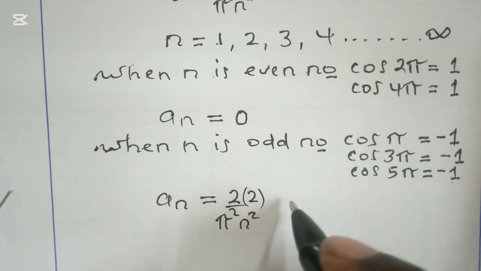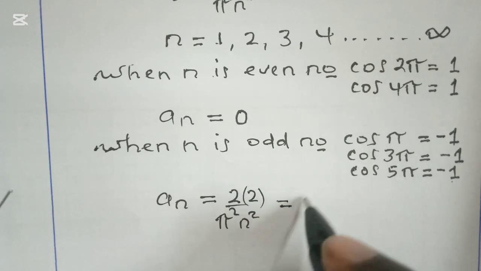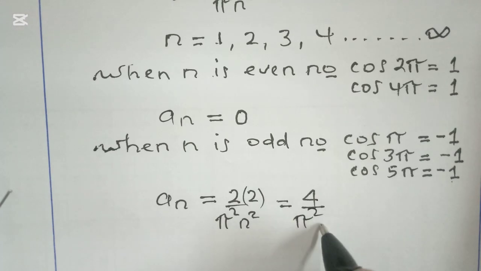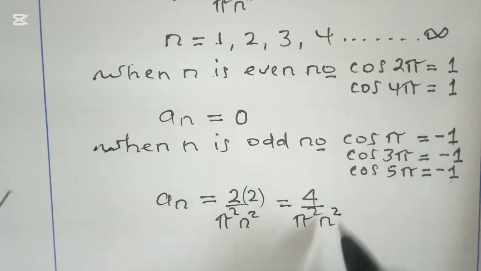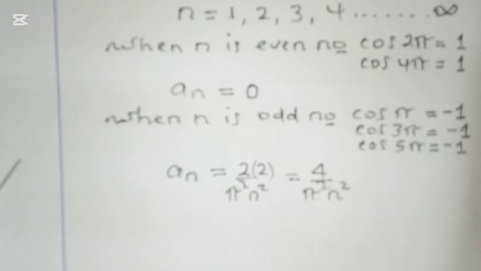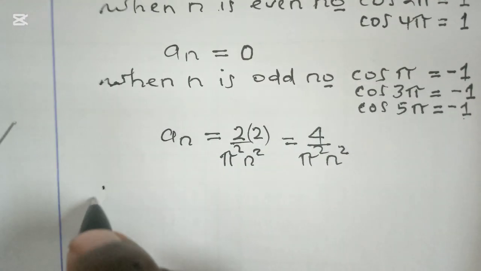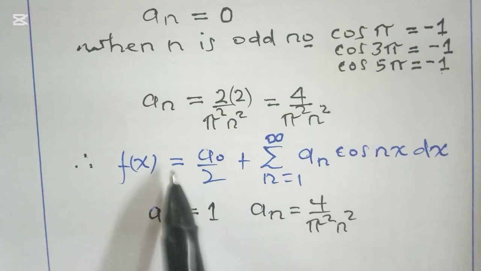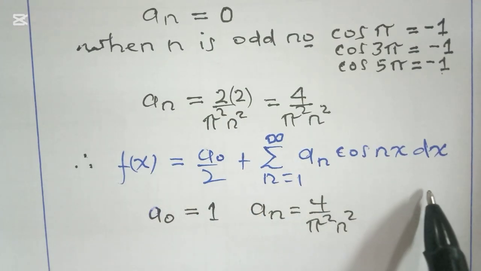And so finally, this one is going to be 4 all over pi squared n squared, where n is an odd number. And so therefore, using our equations, this is now our series.